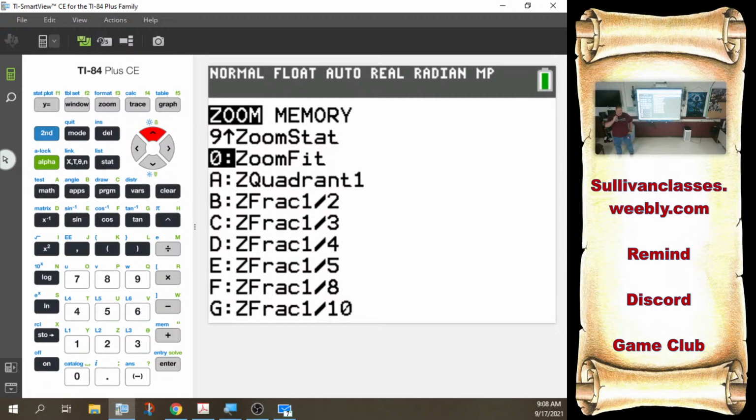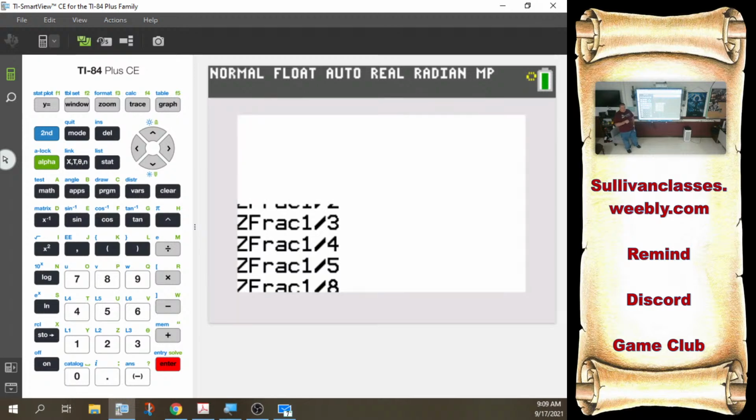Zoom fit is supposed to zoom in on the relevant features of the graph dependent on the type of function I input. So it's going to look up in its memory, hey, you've got an x times an x squared. This is going to be a rational cubic. I need to have x-intercept, y-intercept, maximum, minimum. It'll zoom into where those things are, supposedly. Sometimes it zooms in somewhere really stupid.